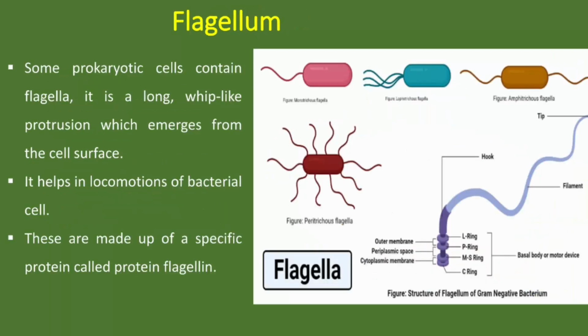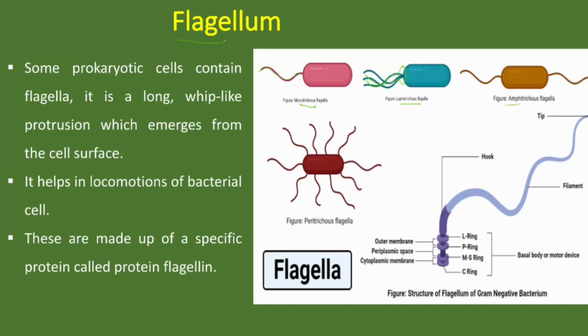The next structure we will find in a prokaryotic cell is the flagellum. Here in the figure you can see there are various types of flagella. Monotrichous means having a single flagellum on one end, and lophotrichous means there is more than one flagellum but they are present on a single side of the bacterial cell.